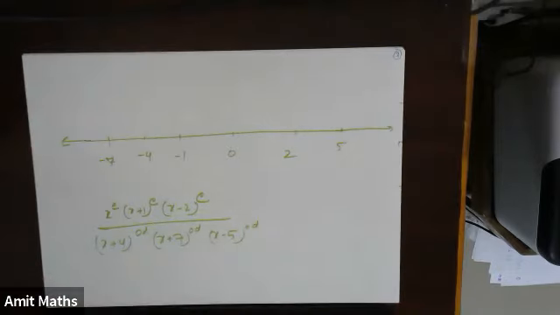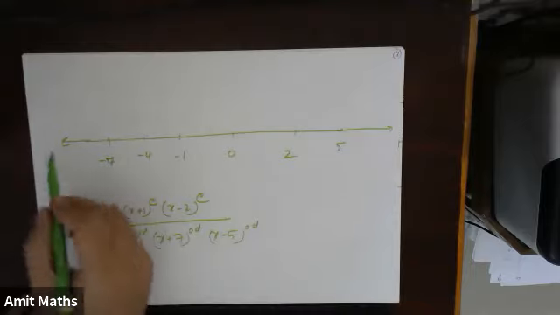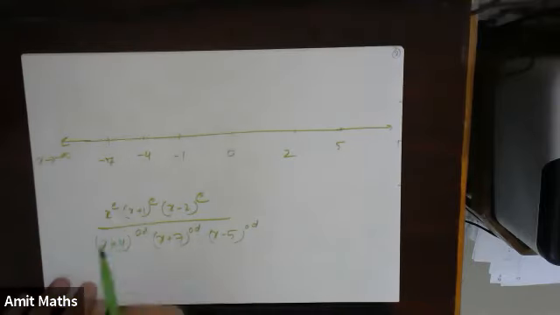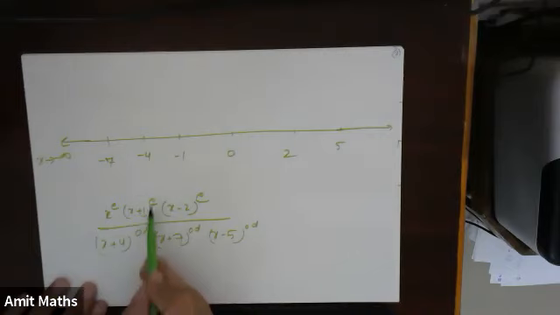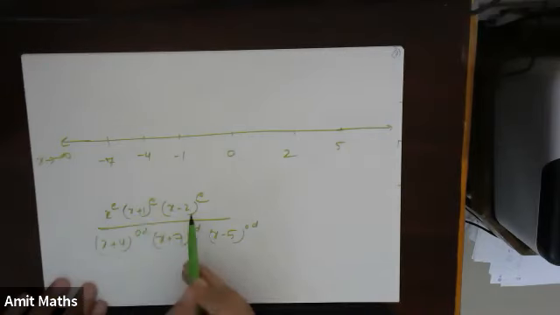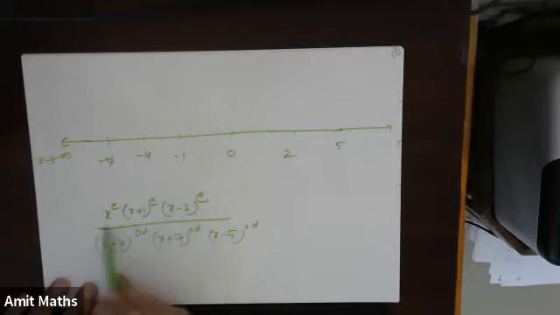Okay, at x tending to minus infinity, what is happening? For this one, because this is an even power, for minus infinity, minus to the even power will be positive. For this one it is even, no matter what is inside, it will be even. For the third one, whatever is inside, even. So the numerator is positive.